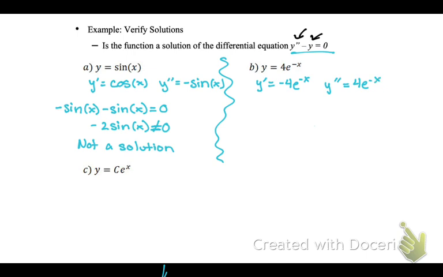So first derivative is negative 4e to the negative x, and second derivative is 4e to the negative x. So 4e to the negative x minus 4e to the negative x. Does that equal 0? So 0 equals 0, so it is a solution.